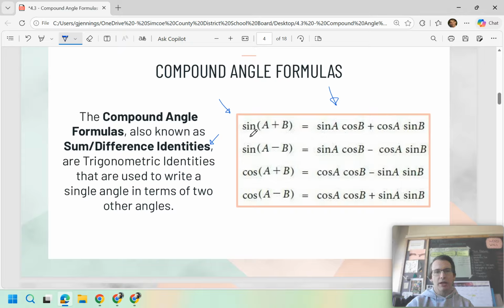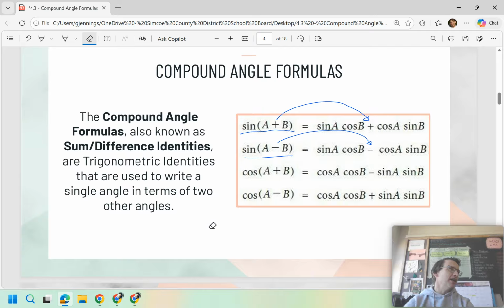So here's one thing that I would do. What would you do to remember the sine ones, the ones that correspond to sine A plus B or sine A minus B? Addition corresponds to addition, and subtraction corresponds to subtraction. So that looks like a strategy we could use.